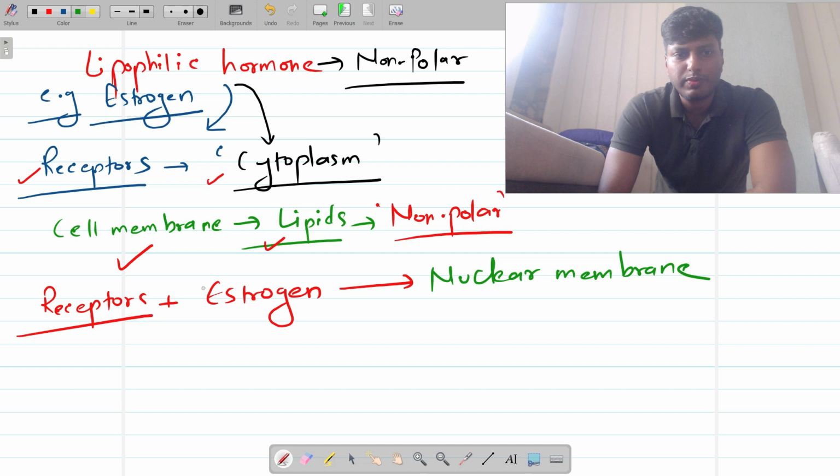So receptors, when they bind with the estrogen, will enter inside the nuclear membrane. Now this will happen through the pores which are present on the nuclear membrane. Once they enter the nuclear membrane, they further enter into the nucleus.